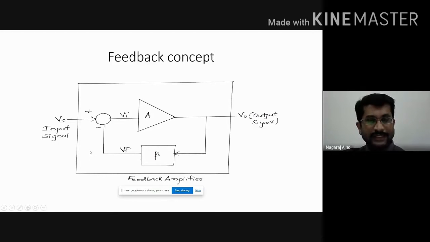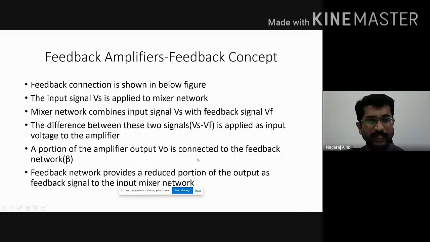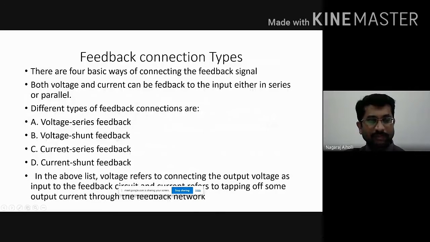The output of the feedback is in shunt, or in parallel, with the current input source. That is called the current shunt feedback amplifier. These are the four types of amplifiers: voltage series feedback, voltage shunt feedback, current series feedback, and current shunt feedback amplifiers.